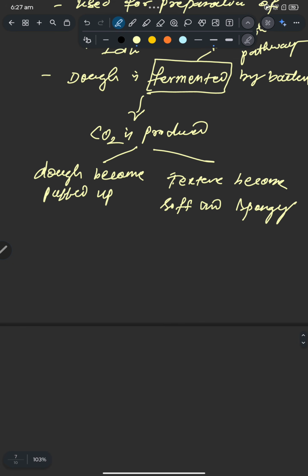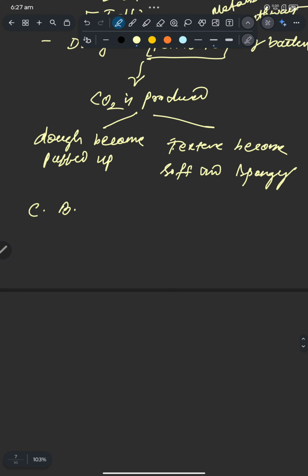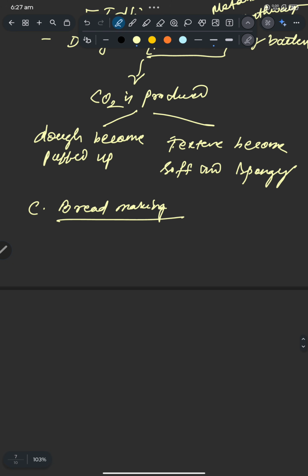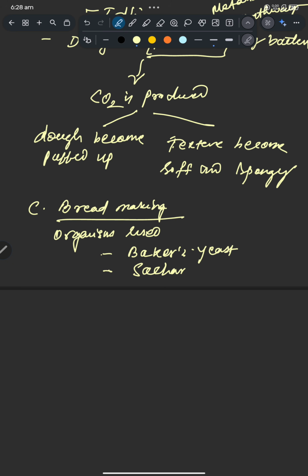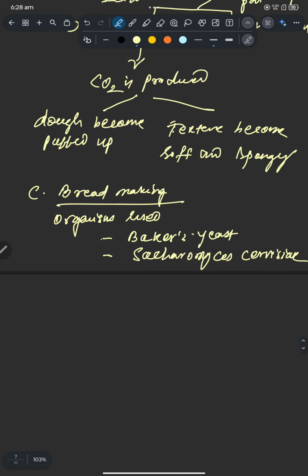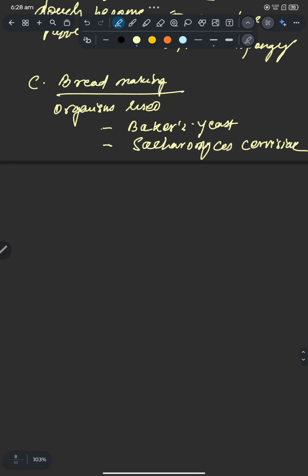Then the next use is bread making. The organism used is Baker's yeast, that is also known as Saccharomyces cerevisiae. Now, what is the process involved in it?